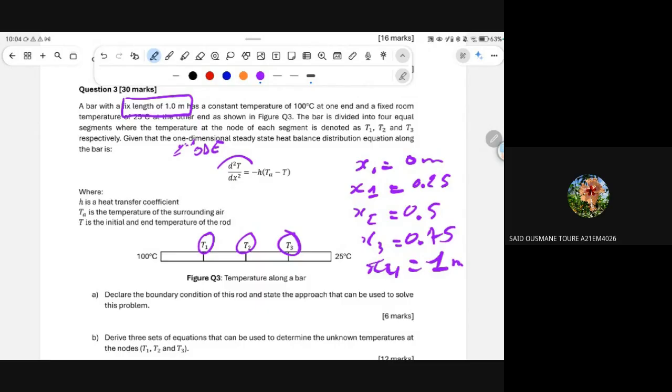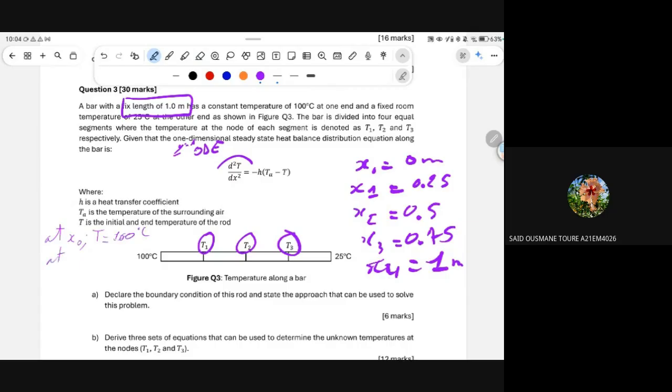So, did they give the initial value? At x0, T equals 100.